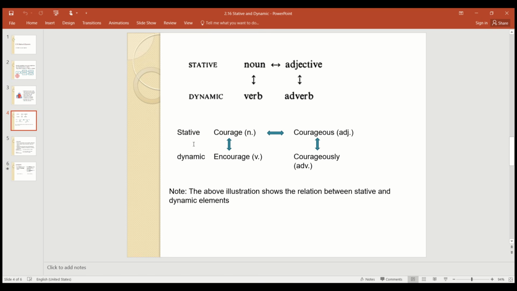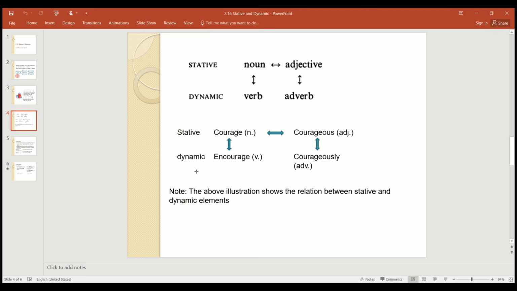Take, for example, we are going to apply the same diagram to an example here. A noun could be the word courage, and we can derive an adjective from the noun. So we can see that there is this reciprocal relationship between the stative elements. Courageous is derived from courage.